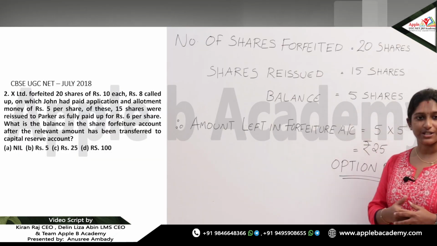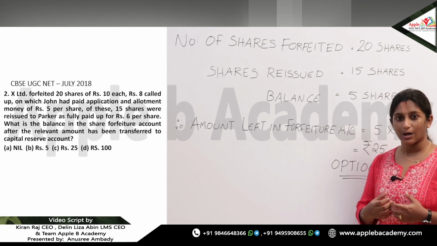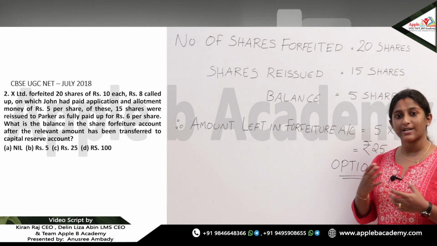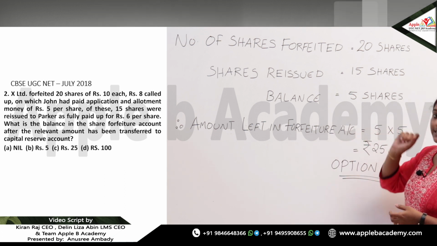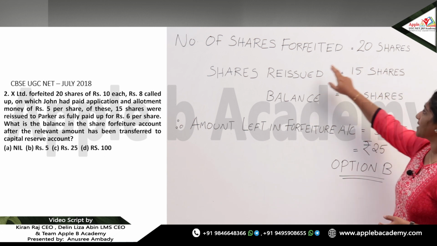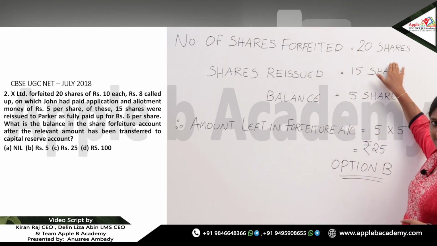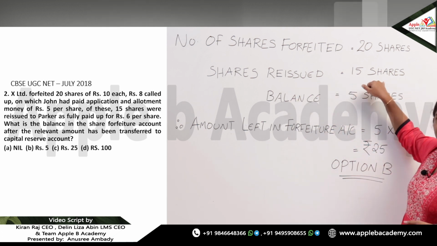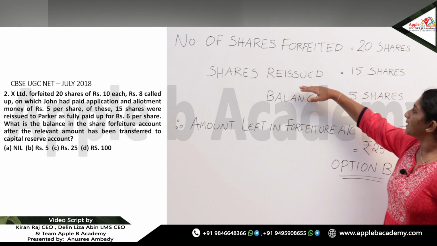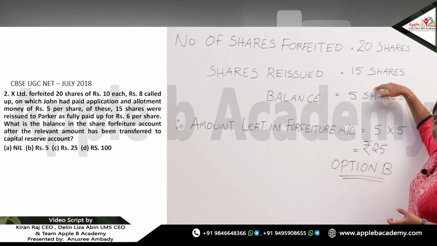Okay, this is the solution. In the question we have to calculate the balance in the share forfeiture account after the relevant amount has been transferred to capital reserve account. Total number of shares forfeited is 20 and among them the company reissues 15 shares. So the capital reserve account will have the profit concerning these 15 shares.